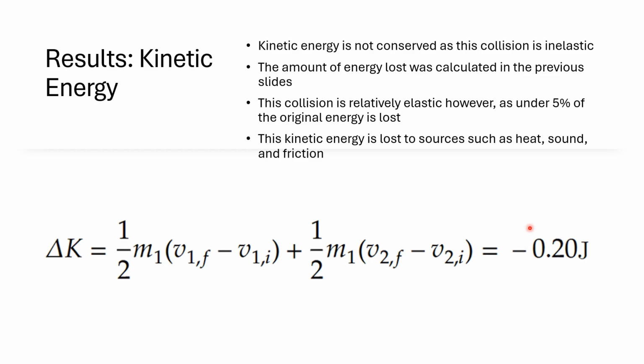And this kinetic energy is just lost due to sources such as heat, sound, friction, lots of sources that could have occurred during the collision, as well as whatever was lost during the rolling period to the surface.